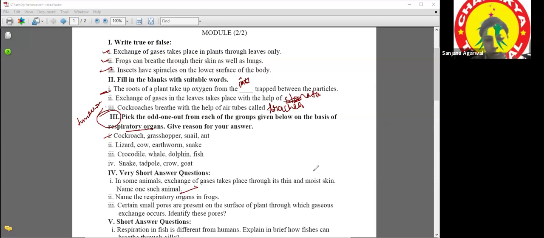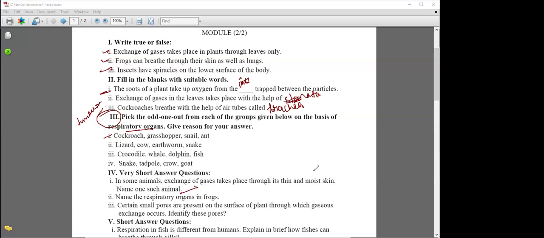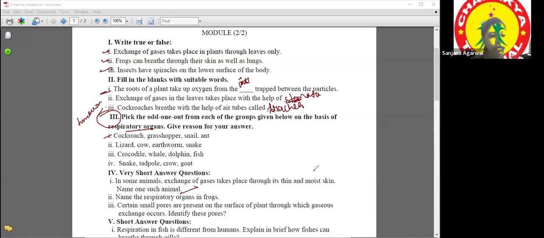Second part, respiratory organ in frogs. Siddhant, Advika, fine. Respiratory organ in frogs, quickly. Then class, what happened? We have just finished the chapter.